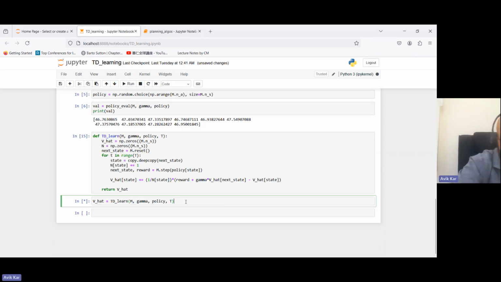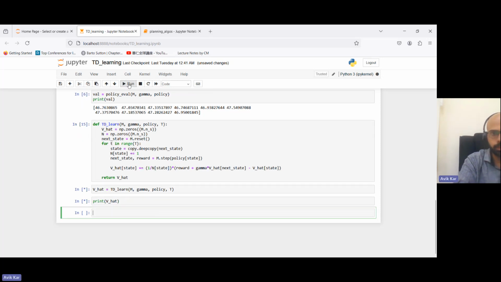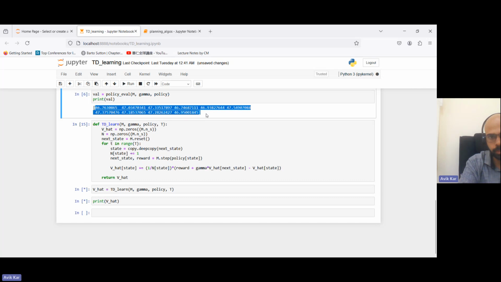So it's running. It will take some time because T is quite large here. After it completes running, you have to print the estimate. Ideally, whatever is printed here should match very closely to this.